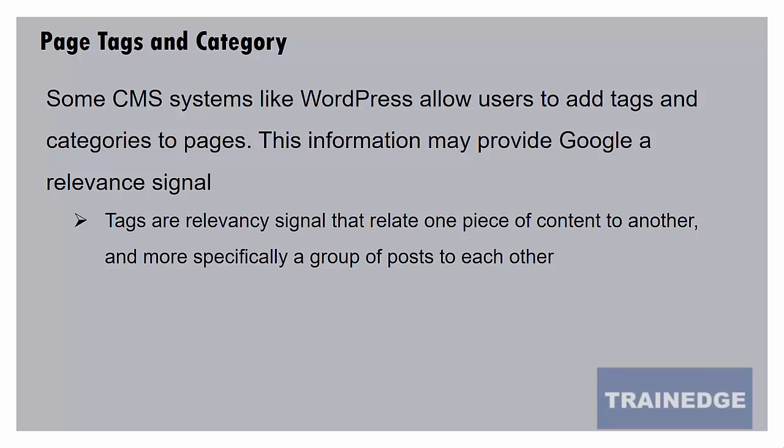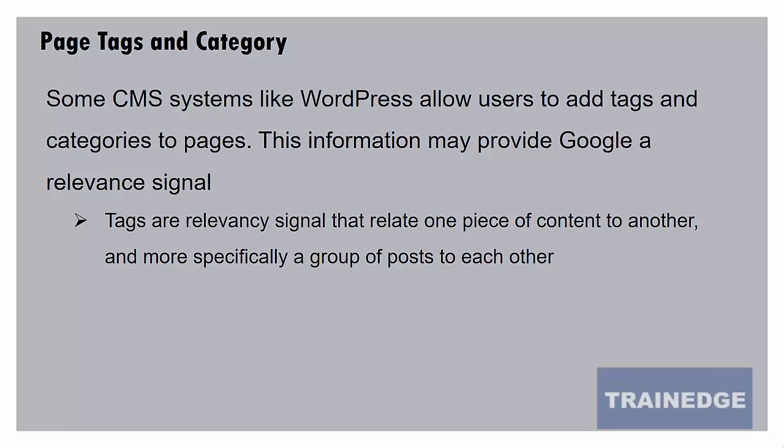But when the page is displayed or the page is crawled by Google, that tag or category information is also made available to the search bot. So Google or Bing use these tags or category information as a relevancy signal to understand how one piece of content relates to another piece of content on the site.